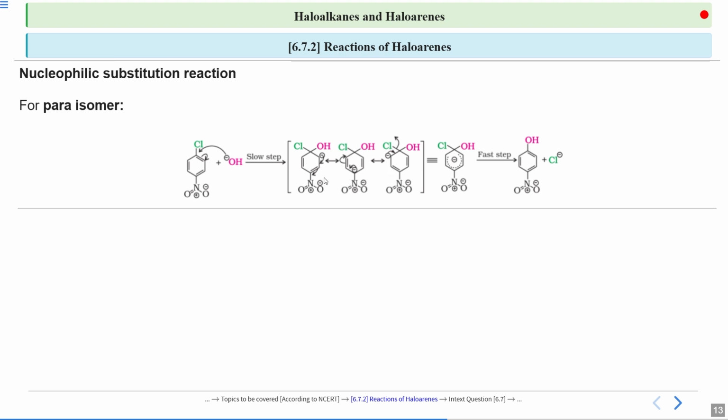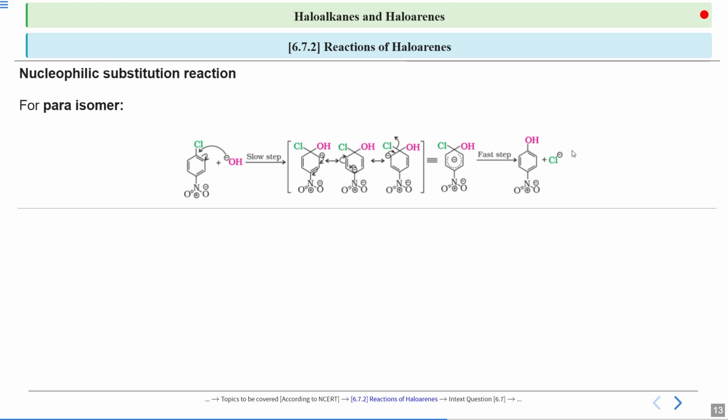So all these three steps are equivalent to this intermediate forming, which is showing that negative charge is delocalizing over the carbon at which nitro group is present at the para position. And then a fast step will happen where the chloride ion will be removed from the reaction, and you will get your desired product, where at the para position you have NO2, and at the first position you have hydroxyl group.